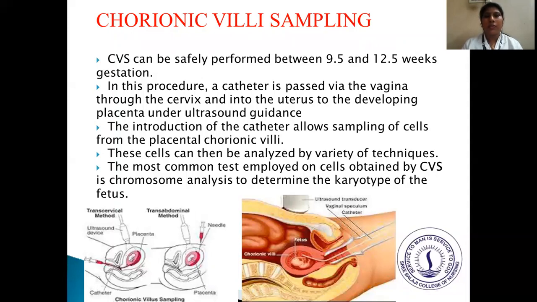The introduction of the catheter allows sampling of cells from the placental chorionic villi. These cells can then be analyzed by a variety of techniques. The most common test employed on cells obtained by CVS, chorionic villus sampling, is chromosome analysis to determine the karyotype of the fetus. This is chorionic villus sampling.